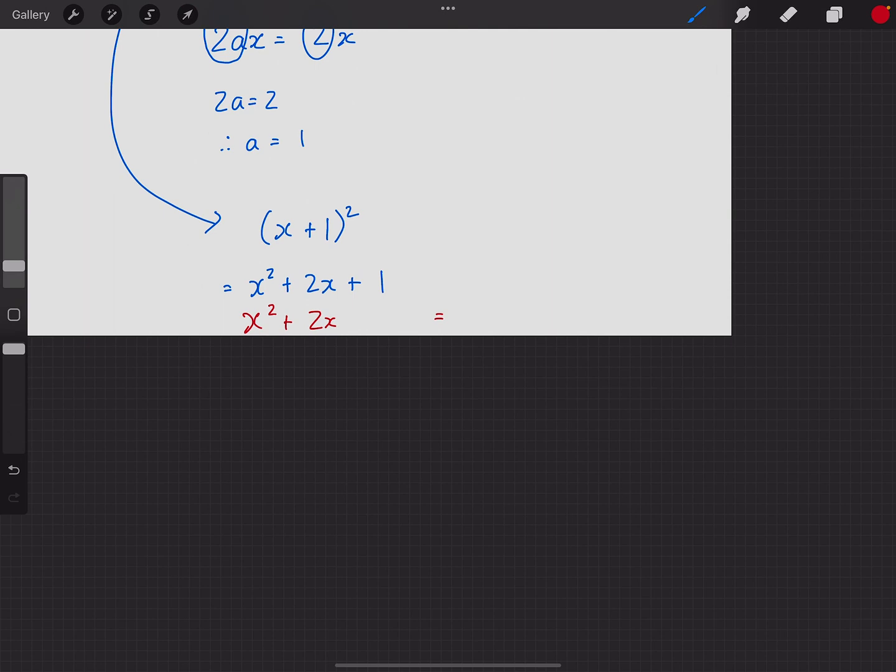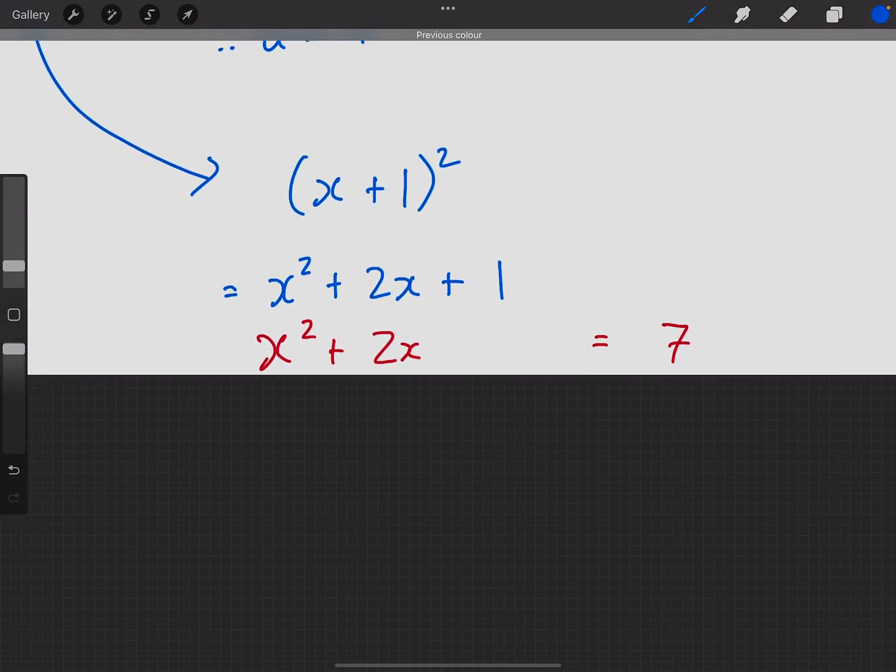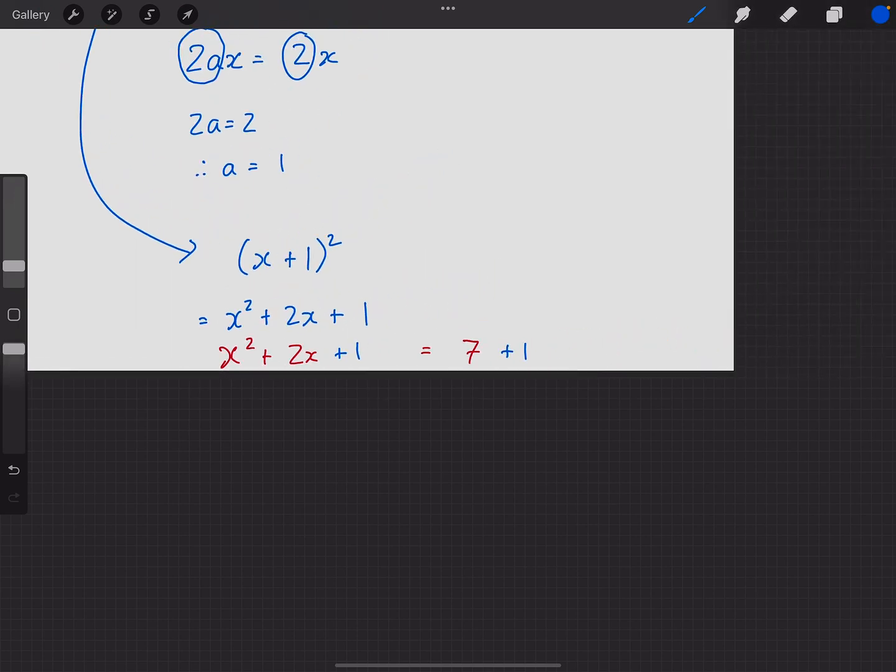Yeah, 7. So what we're going to do is add a 1 here, and add a 1 here. When you add a 1, then you can factorize this into this. So you're going to have x plus 1 squared is equal to 7 plus 1, which is 8.